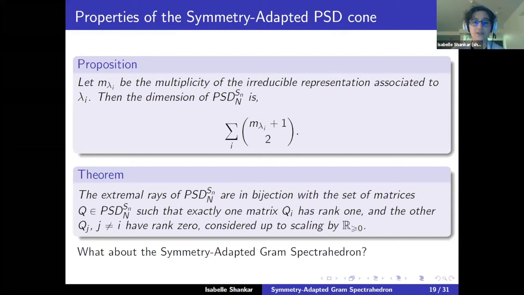Just as a reminder, in the general case, for any polynomial, we have the big PSD cone and the affine subspace defined by the coefficients. We intersect that PSD cone with that affine subspace, and that gives us the Gram spectrahedron. In this case, we've taken the same affine subspace, but now we're intersecting it with a smaller cone, the symmetry adapted PSD cone, and that's what I'm calling the symmetry adapted Gram spectrahedron.